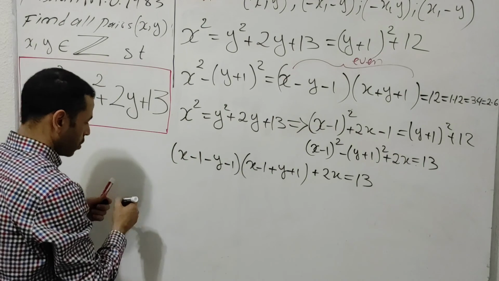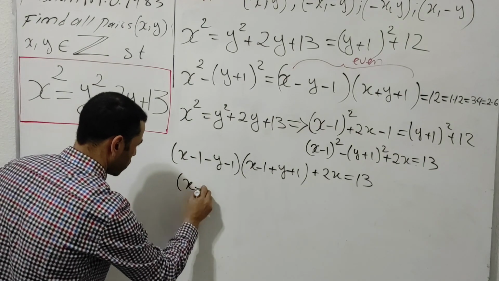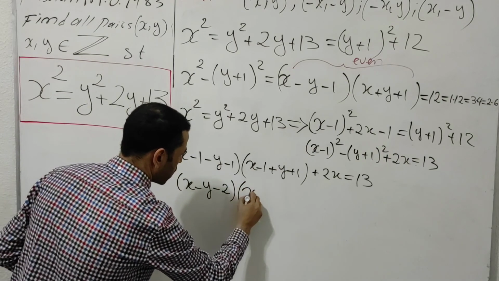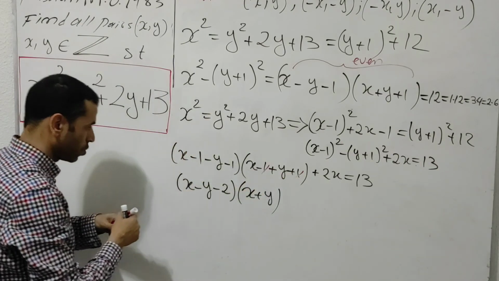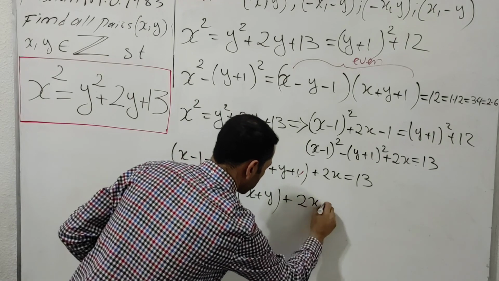Simplifying more, I will get (x minus y minus 2) multiplied by (x plus y), where the 1 cancels out because one is positive and the other is negative, plus 2 times x equals 13.